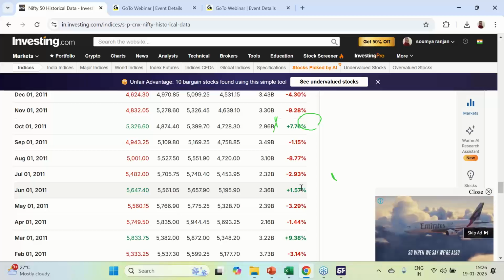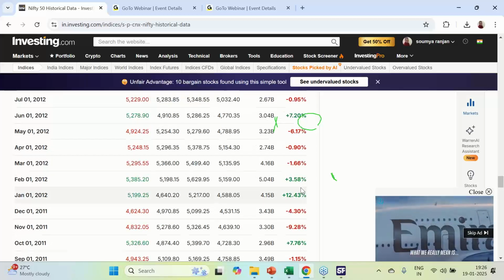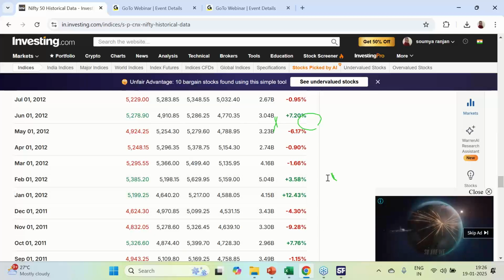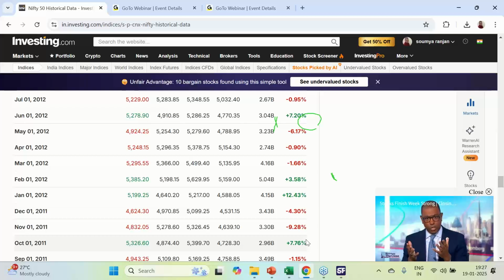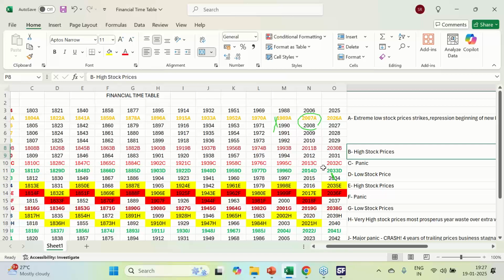That is what was reflected in 2011. So 2011 has ended. I have given the month-on-month basis here. I have just taken the month-on-month basis: what is the high and low of the month, and what is the percentage of movement. So that is your 2012.